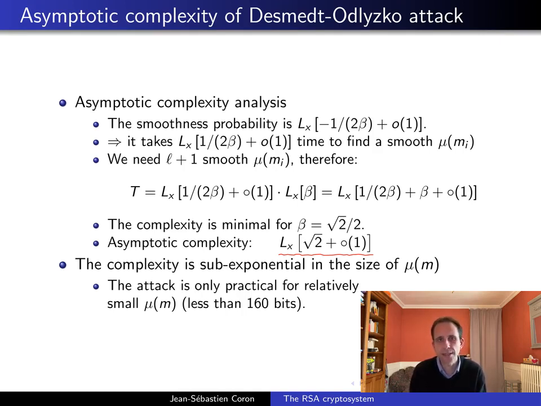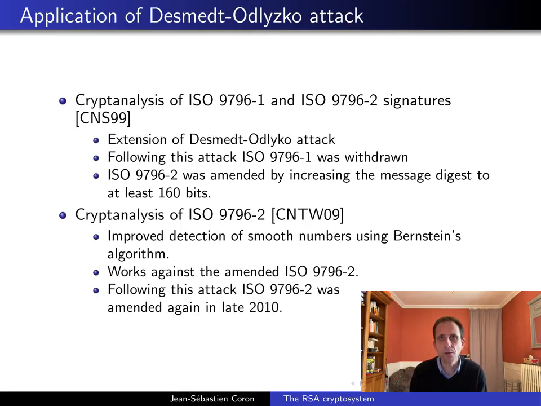And so in practice, the attack is only practical when mu of m is relatively small, so less than 160 bits, which is roughly the upper bound. And now there are many applications of the Desmet-Odisco attack. A first application was the cryptanalysis of the ISO 9796-1 standard and ISO 9796-2 signature standards.